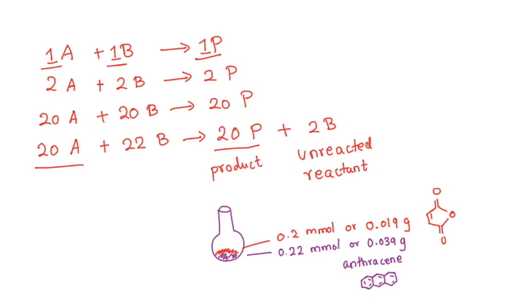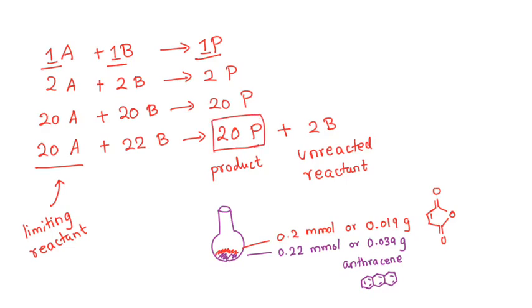What's our limiting reactant here? A. It limits the possibility of forming the product. Basically, the reactant with the smaller number of molecules, not the weight, the number of molecules, is the limiting reactant that limits the product.